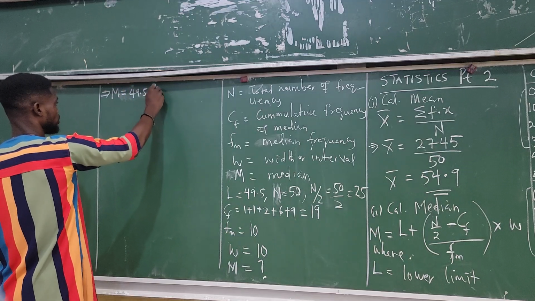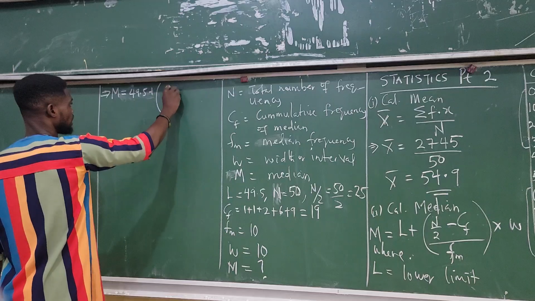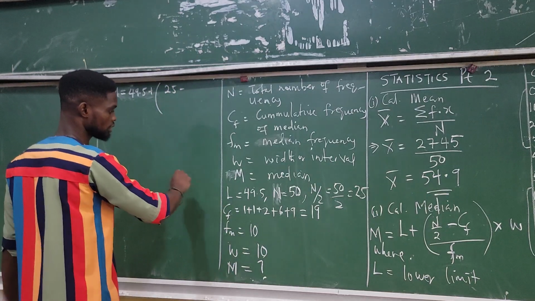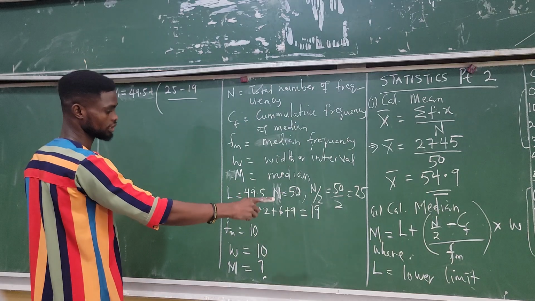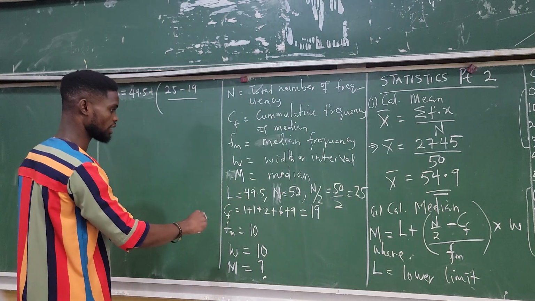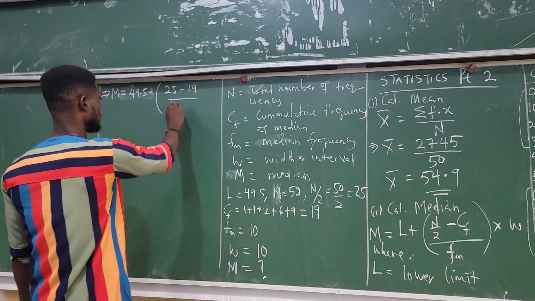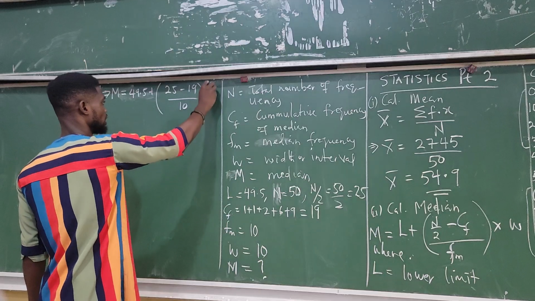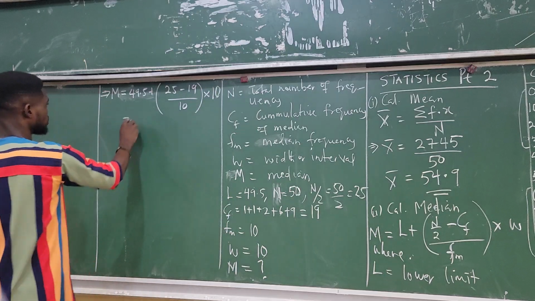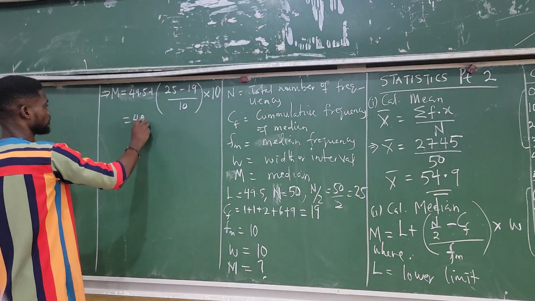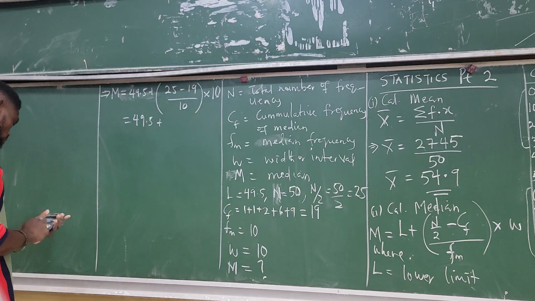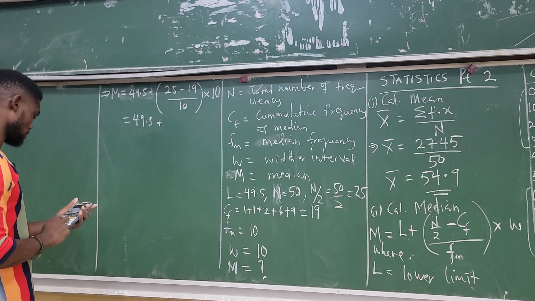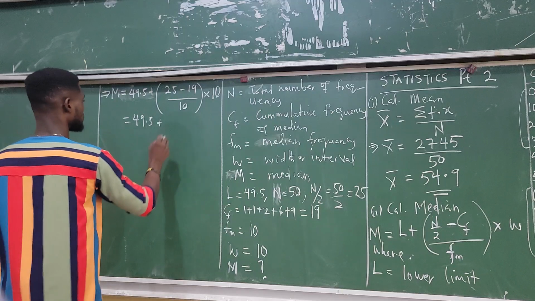M equals 49.5 plus 25 minus 19, divided by Fm, what do you have as Fm? 10, times 10. If you punch the calculator, 25 minus 19 divided by 10 gives you 6.